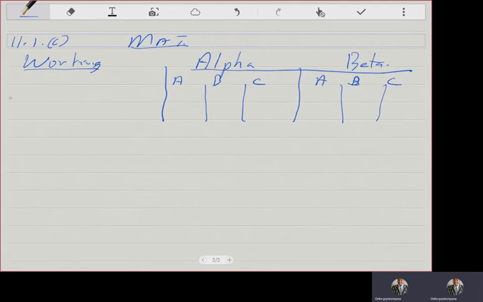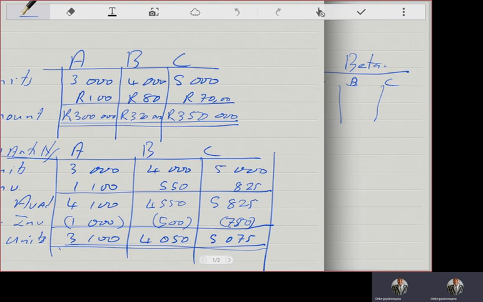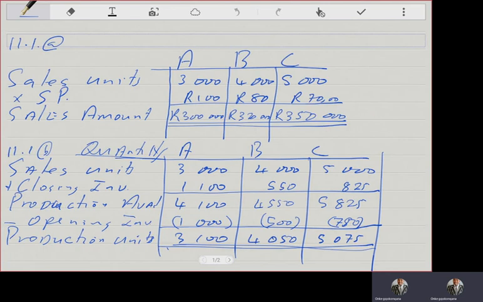So we start with the production. You take your production required for product A. Looking from your production budget, this is your product A. We need 3,100.